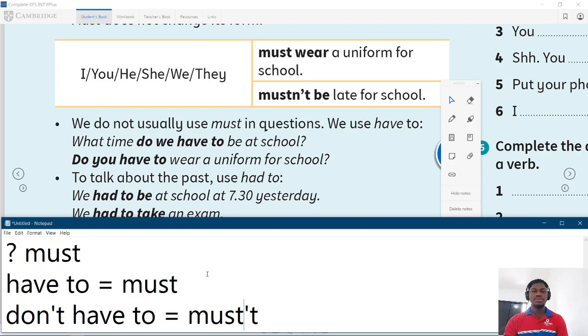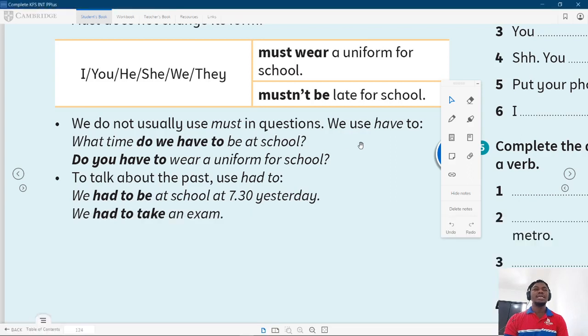So must, we don't use it in interrogative. We use only have to for interrogative.